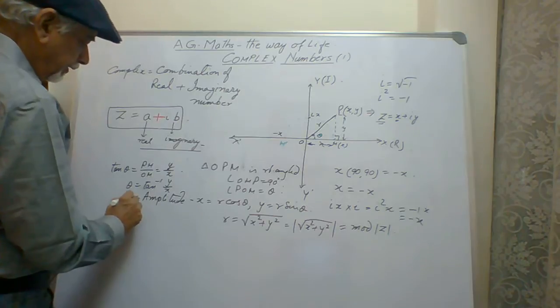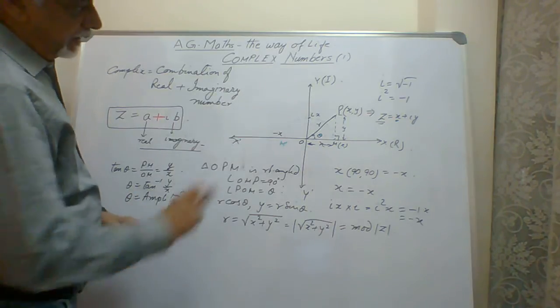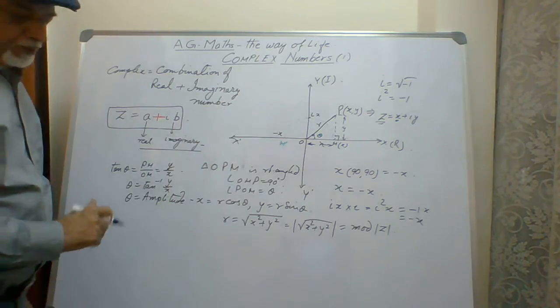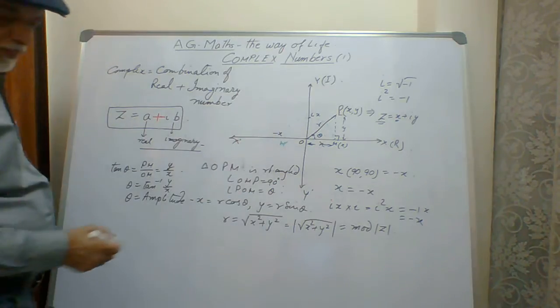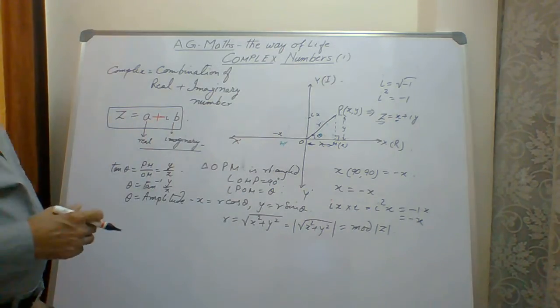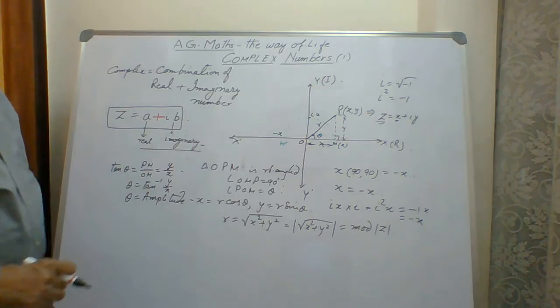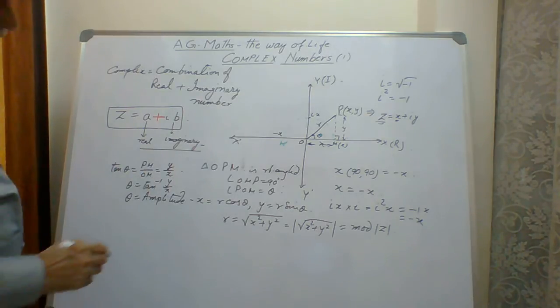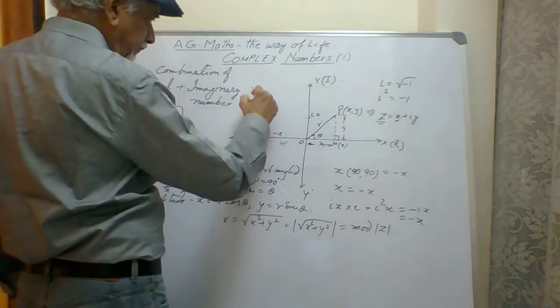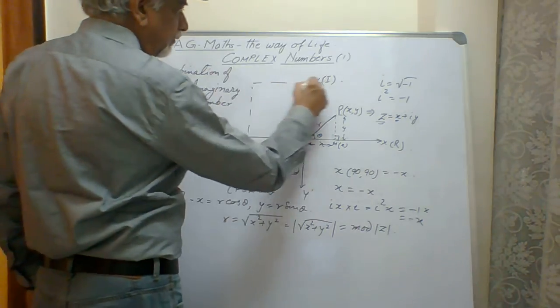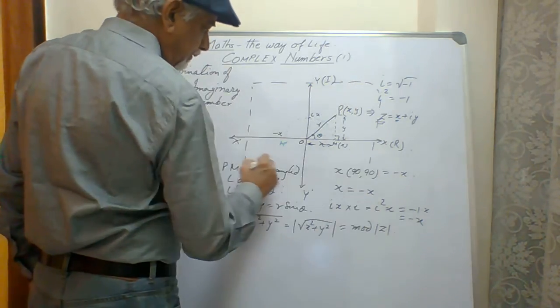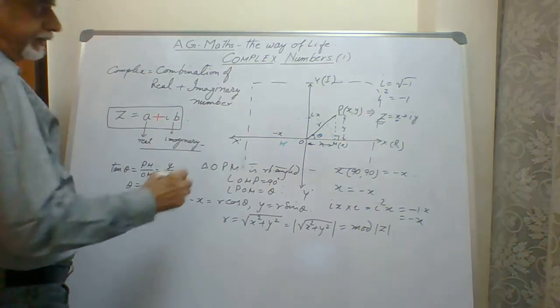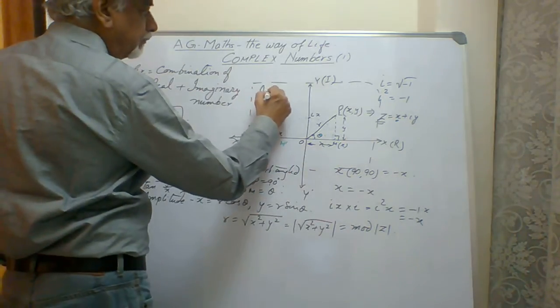Amplitude is defined here as the angle theta value, which can go from plus infinity to minus infinity. This is the value, right? Now the whole plane, where we are drawing this complex number and deciding anything, is called the Argand plane.